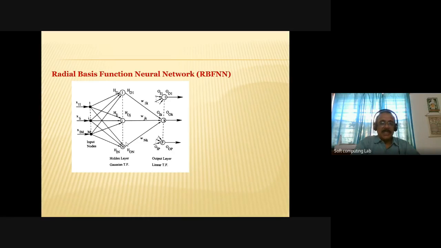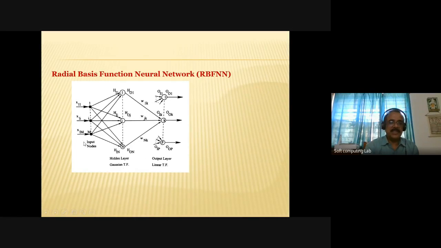So that type of transfer function, the Gaussian or normal distribution, we use in the hidden layer. On the output layer, we can use either a linear transfer function or a nonlinear transfer function. Now, the way it works is as follows.